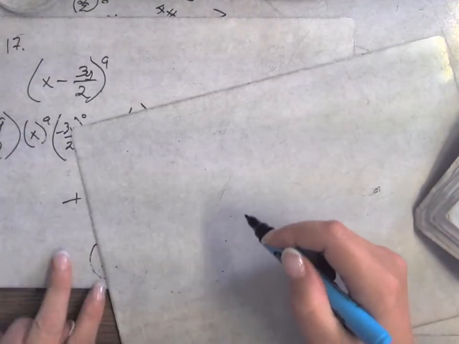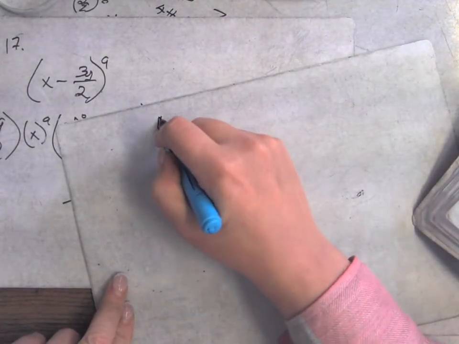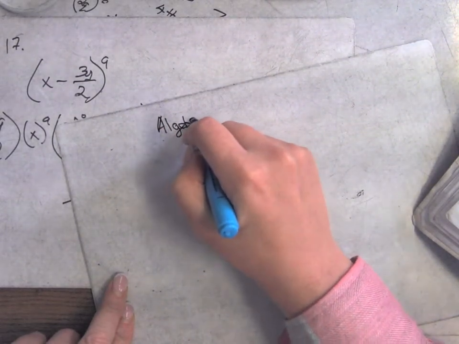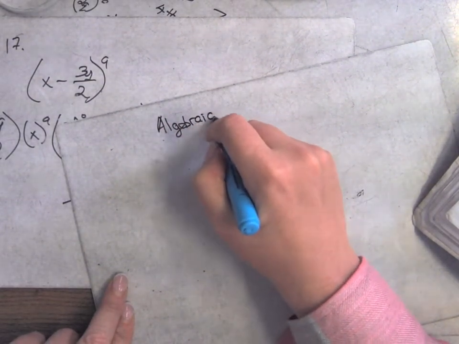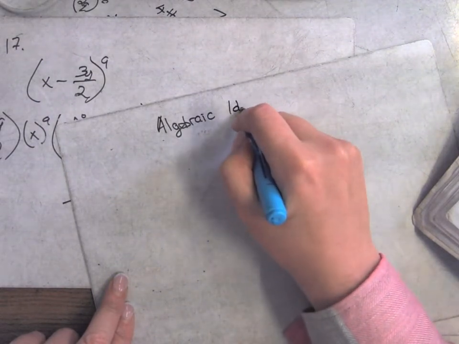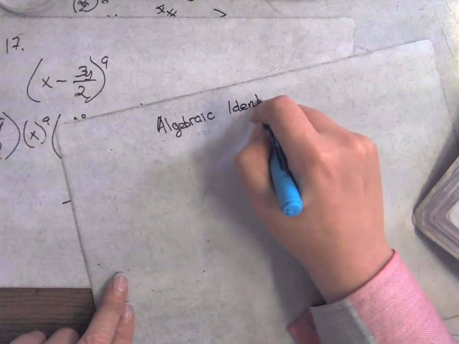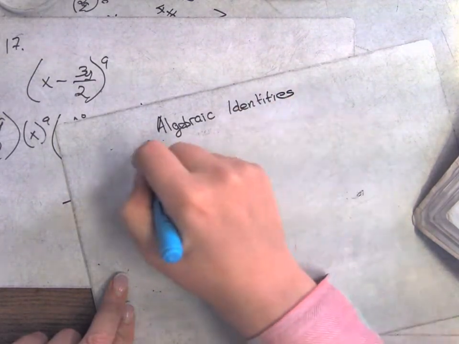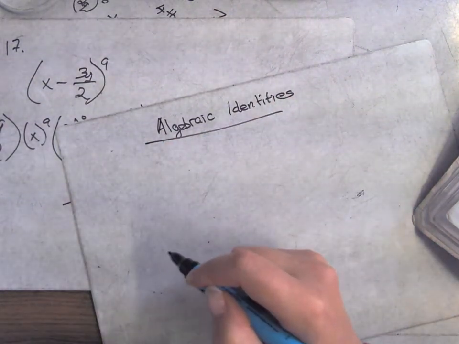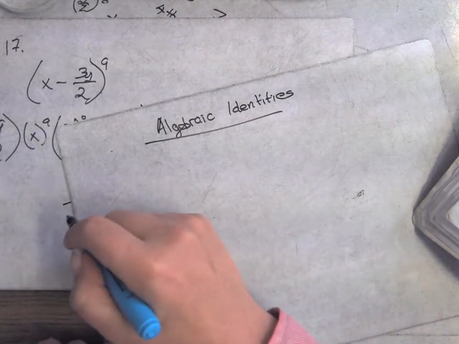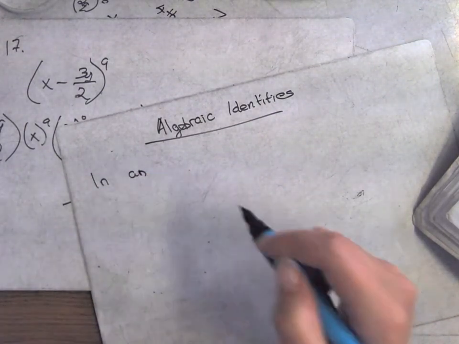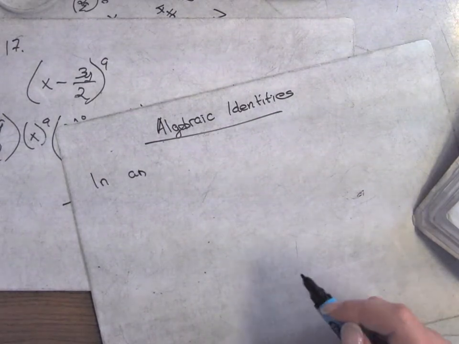Okay, next section is algebraic identities. An identity means something on the left hand side equals something on the right hand side.